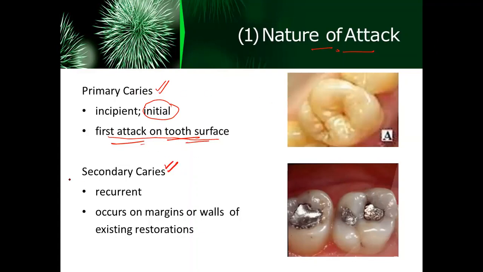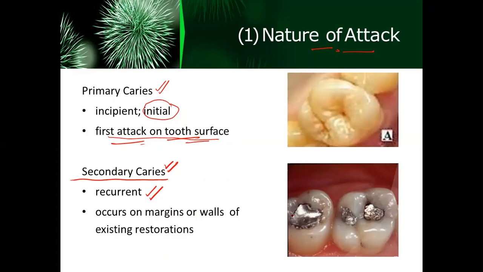Then we can have secondary caries, where now you had a primary caries, and following your intervention in terms of good oral health, it sort of disappeared, or there was management that was done, for example, filling and everything, and then now it still reoccurs. Now when we have a reoccurrence, that is called a secondary caries.